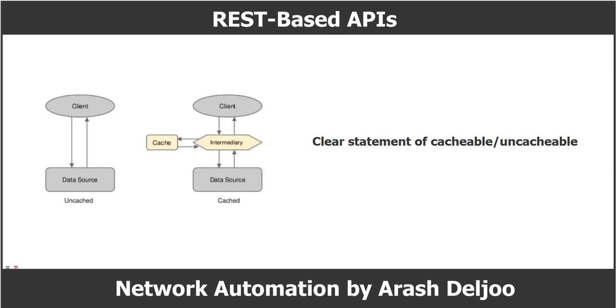The next attribute of REST-based APIs is a clear statement of cacheable or uncacheable. To appreciate what is meant by cacheable, consider what happens when you browse a website. When your browser loads a new web page, the page itself contains a variety of objects like text, images, videos, and audios. Some objects seldom change, so it would be better to download the object once and not download it again.